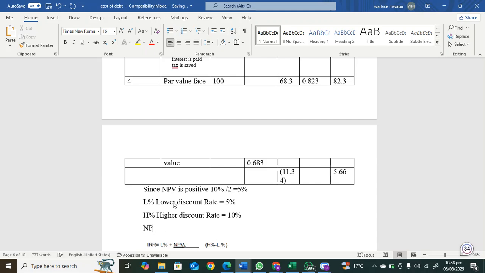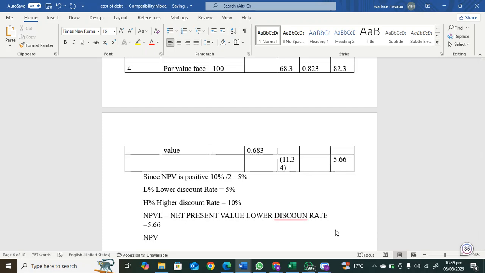NPVL is the net present value with the lower discount rate, which was 5.66. Then NPVH is the net present value with the higher discount rate, which was negative 11.34.